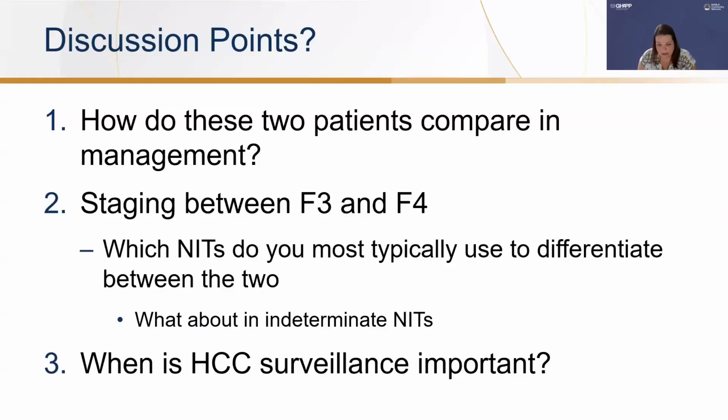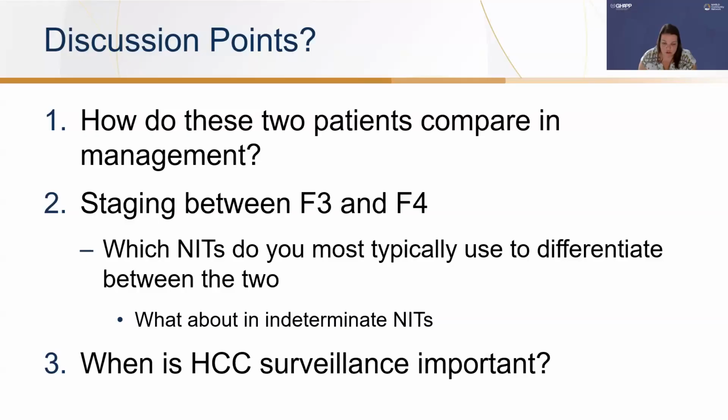FIB4 is also very easy to calculate, and again, you just need a CBC and then either a hepatic function panel or a complete metabolic panel to get the labs that you need for that. ELF is proprietary, so there could be some issues with insurance coverage. And it's typically a send-out lab, but something to look into and see if you can use it.